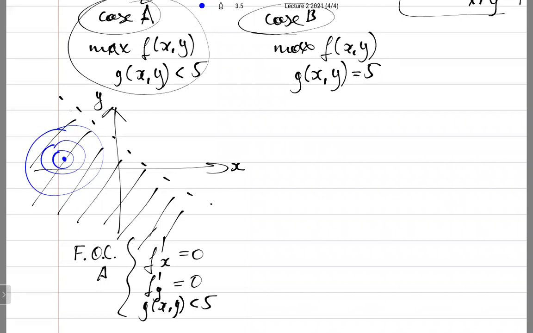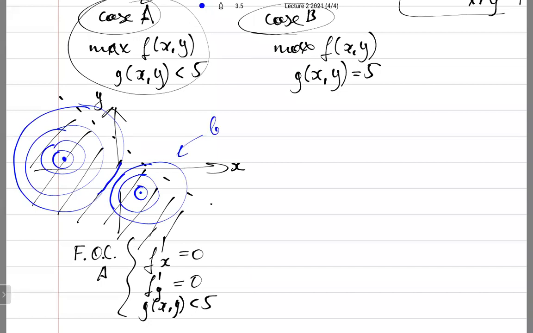In blue, I will draw level curves, so they do not intersect. That's a bad idea to have intersecting. So those will be the level curves of f.